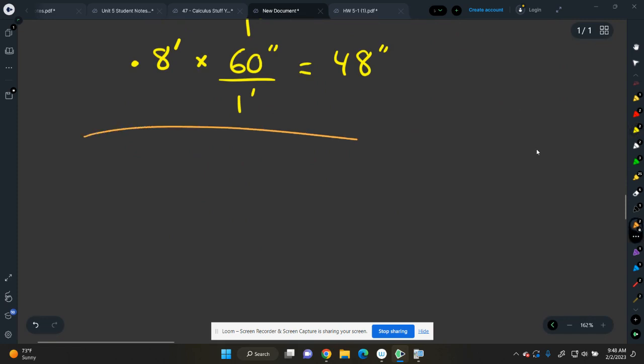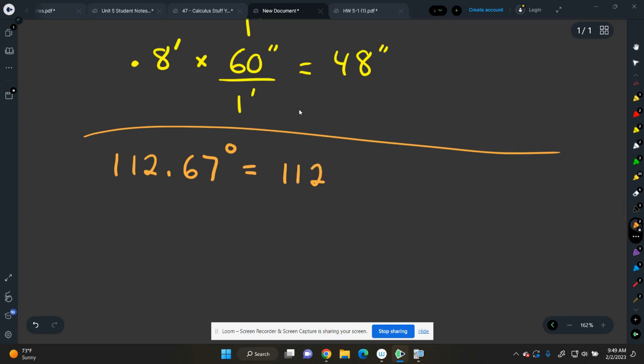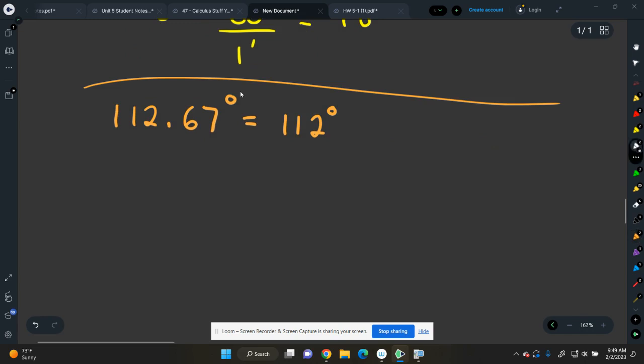Okay, let's do another one. Let's do 112.67 degrees. So this is equal to 112 degrees. And what do we do? Right, so we're going to take the 0.67 degrees and we multiply by 60 minutes over 1 degree.